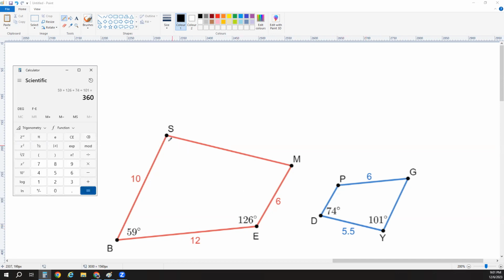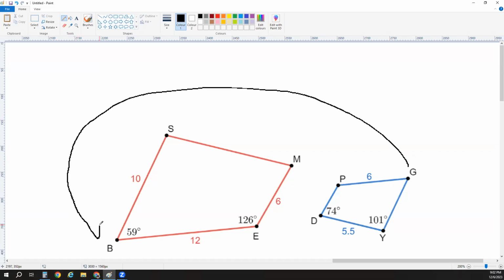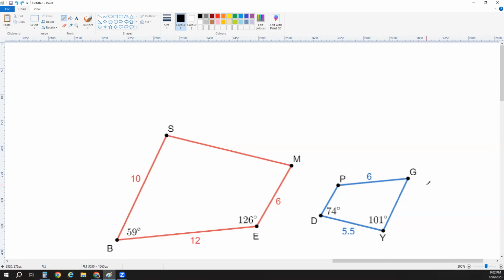So that means that these angles in here that I'm missing are also these angles in here that I'm missing. So it looks like this G angle here is this angle here, and this P angle here is this angle here. So it looks like it's maybe rotated 180 degrees, and then moved down. So this would be about a 59-degree angle.